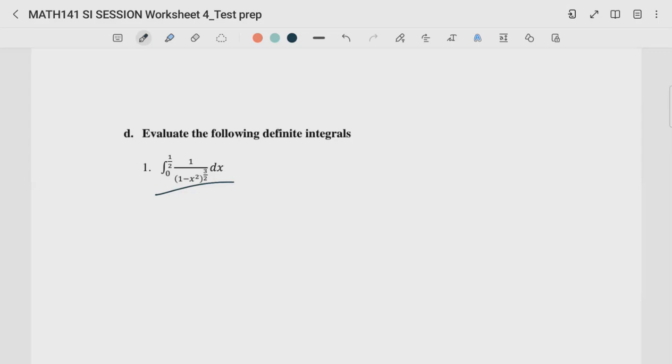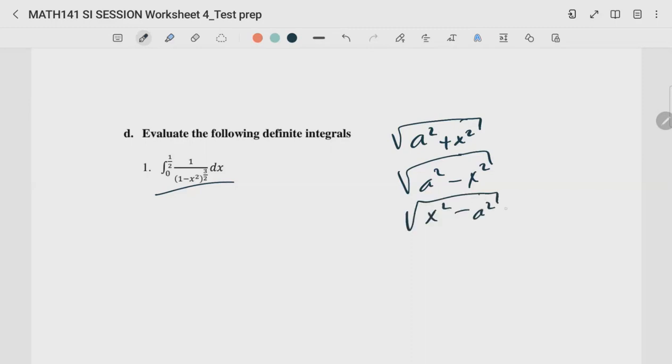In most cases, because you are dealing with trigonometric substitution, you will have one of these cases that you should be familiar with.